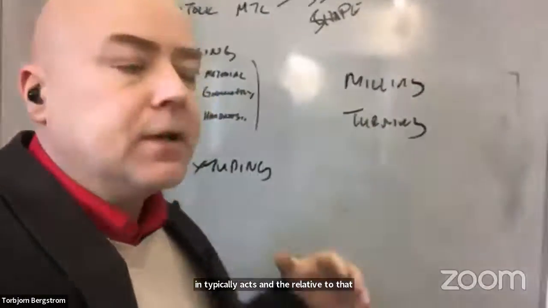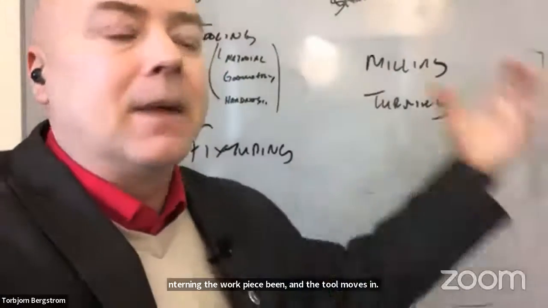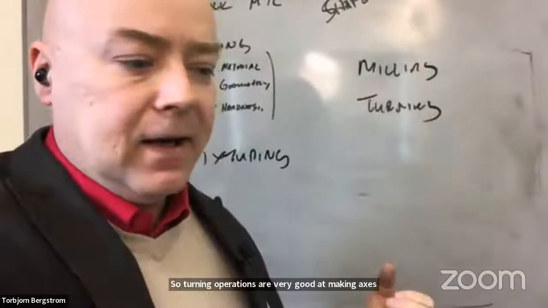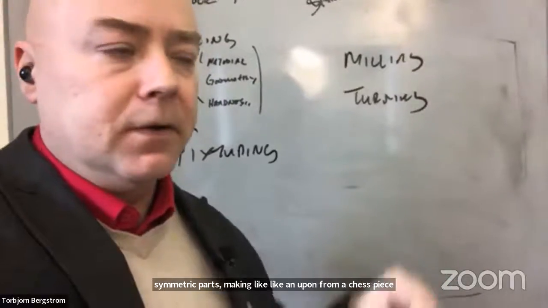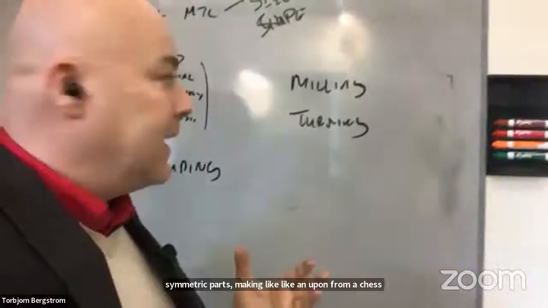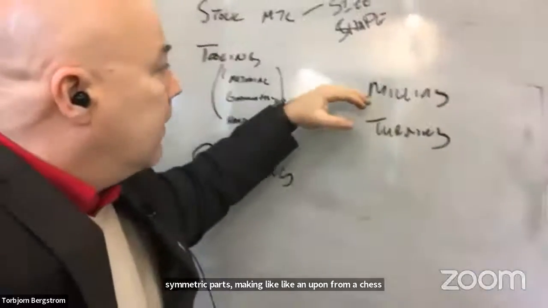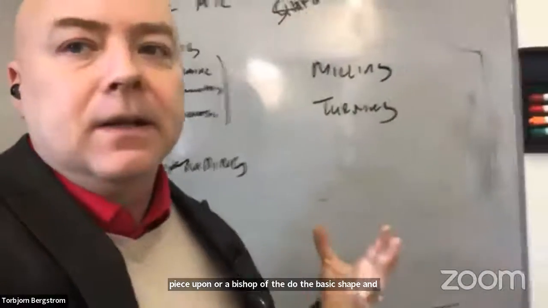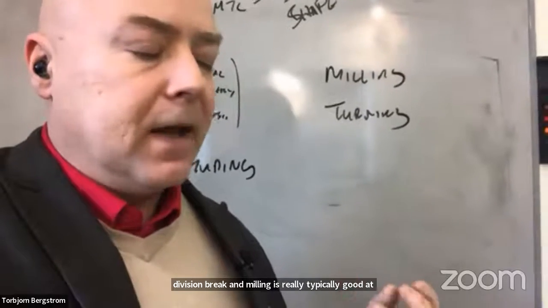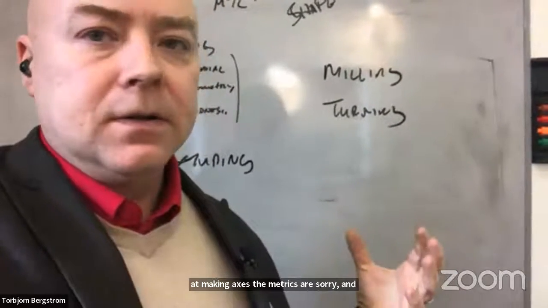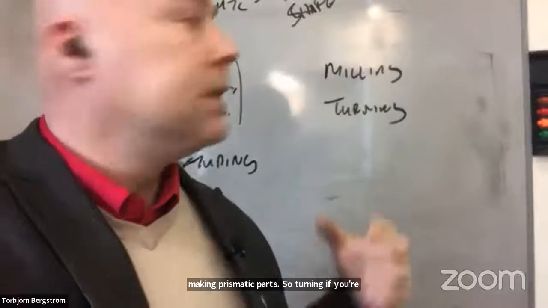And so turning operations are very good at making axisymmetric parts, like a pawn from a chess piece, or a bishop, if you do the basic shape of the bishop, right? And milling is really typically good at making prismatic parts. So turning is good for axisymmetric parts.